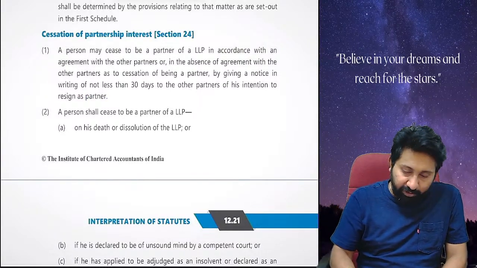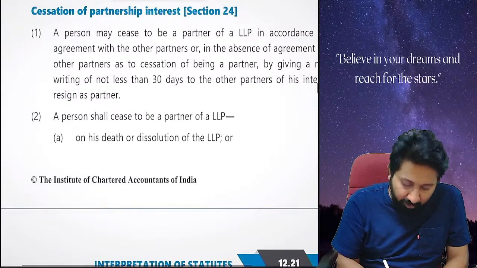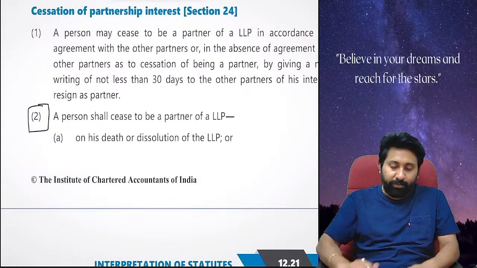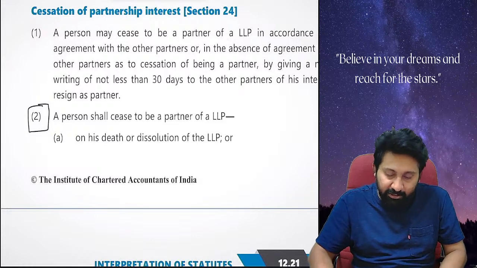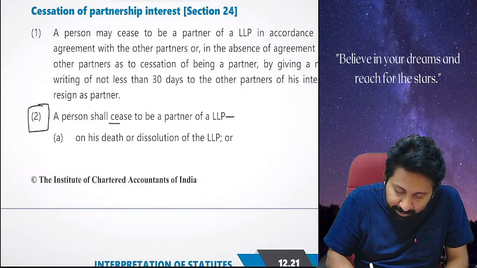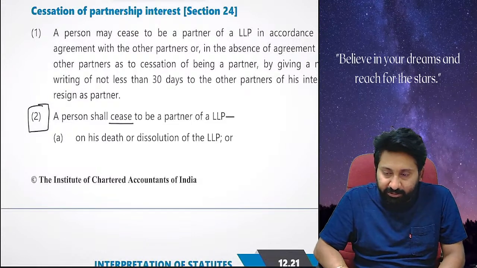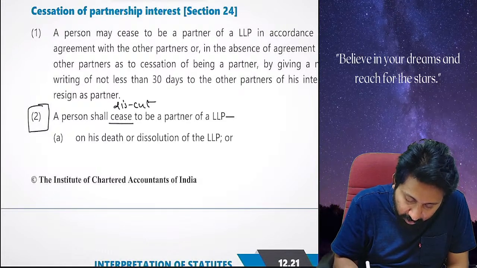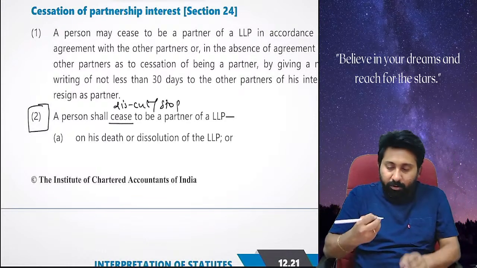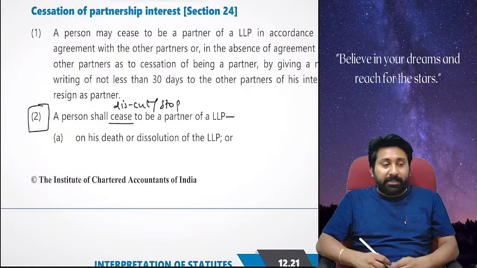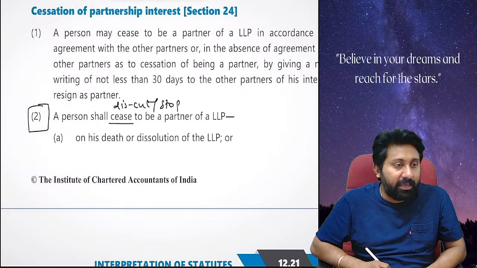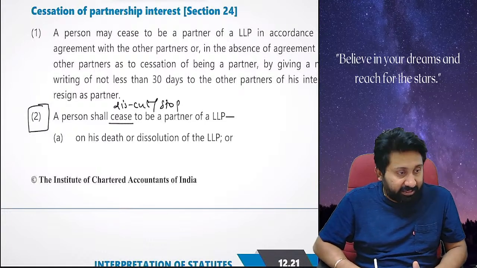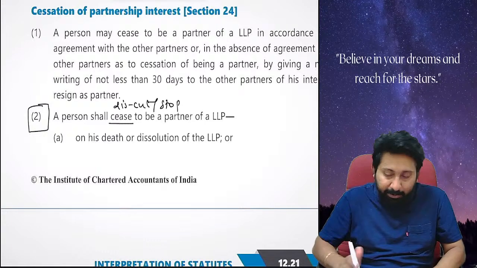Okay, section 24. In section 24, subsection 2, let us read. A person shall cease to be a partner. Cease means discontinue or stop. A person shall cease to be a partner of LLP on his death or dissolution of LLP.